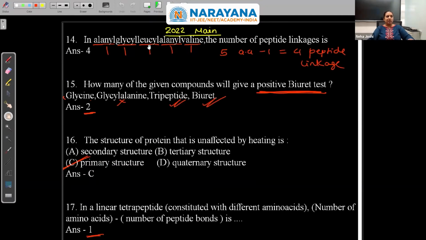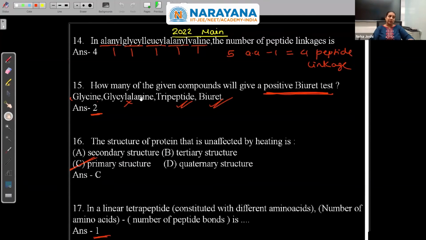In alanine, glycine, leucine, alanine, valine, the number of peptide linkages: there are 1, 2, 3, 4, 5 amino acids, so you will say 4 peptide linkages are there. How many of the given compounds will give a positive biuret test? Glycine, no, because as I said, it should have at least 2 peptide linkages.